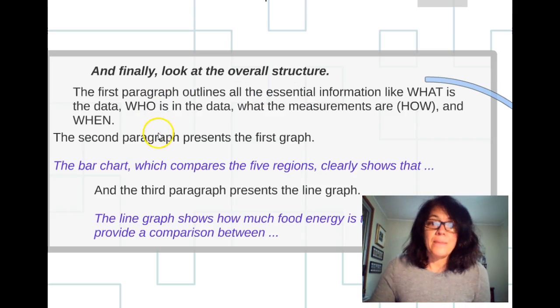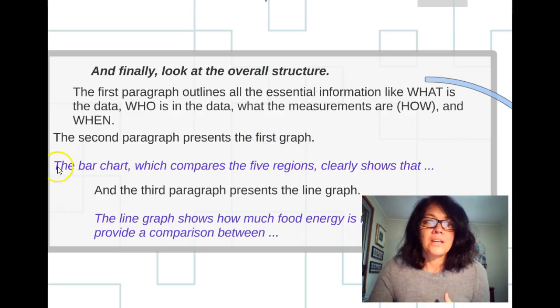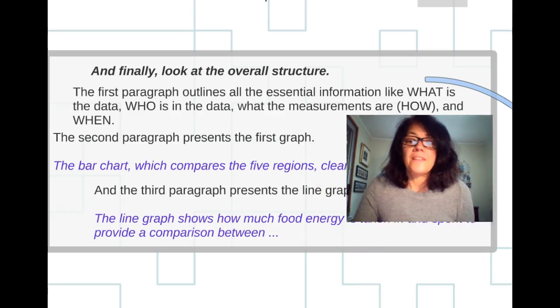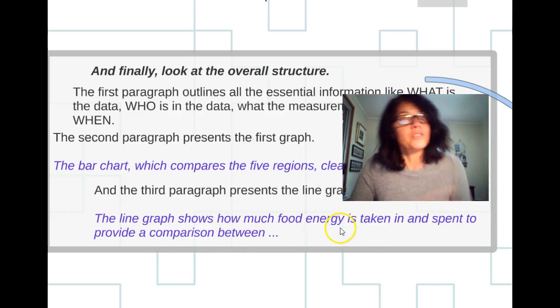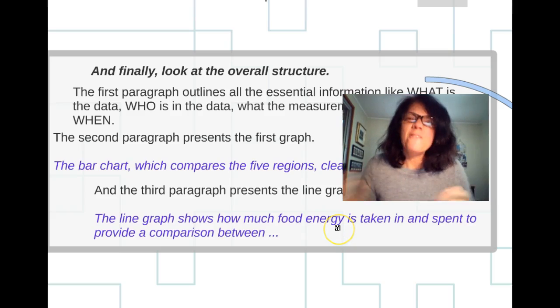The second paragraph shows the first graph. So it starts like this: the bar graph, which compares the 5 regions, clearly shows that. The third paragraph shows the line graph. The line graph shows how much and etc. Very clear opening sentences. So the 5th feature is excellent clear structure.